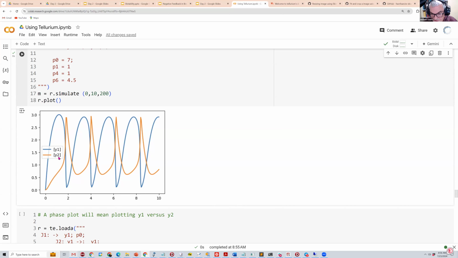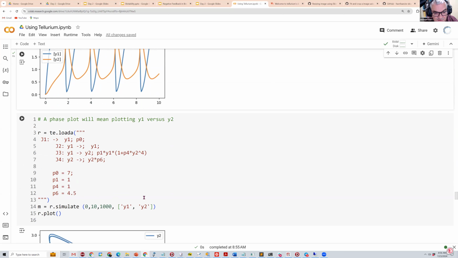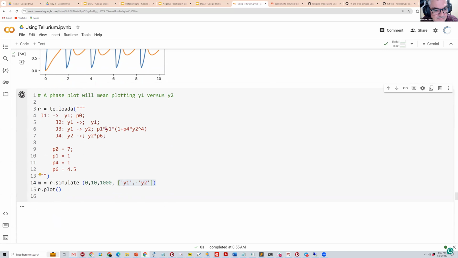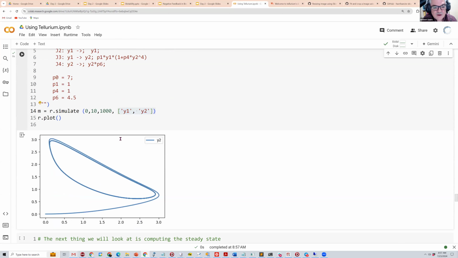Even though Y1 and Y2 are evolving in time, you'll see how they change in time together, right, as we plot it. And the easy way to plot it, and you can probably guess how I'm going to do it, is I'm just going to have a selection list, and I'm just going to ask it to plot Y1 and Y2. And if I do that, I get my phase portrait.